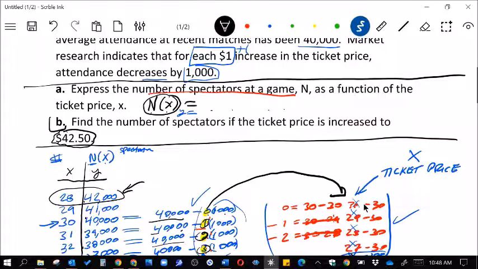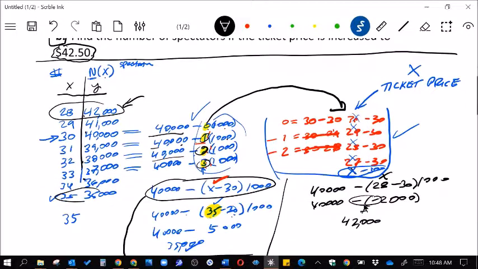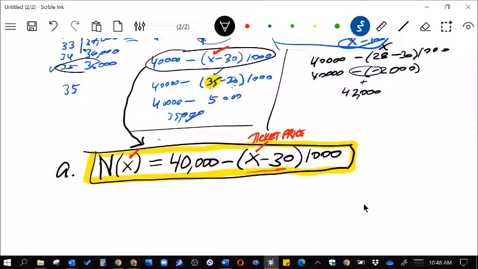Now let's take a look at this one. What if the ticket price increases to $42.50? So N at 42.50 is equal to 40,000 minus 42.50 minus 30 times 1,000.